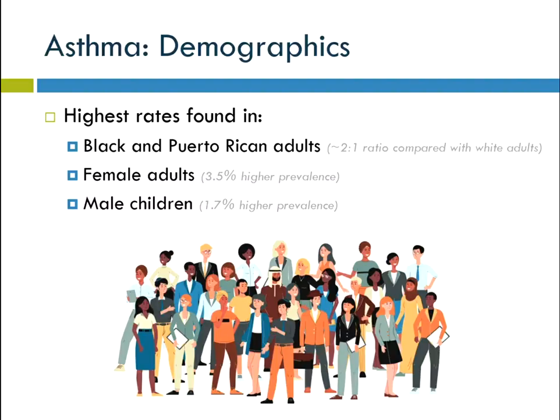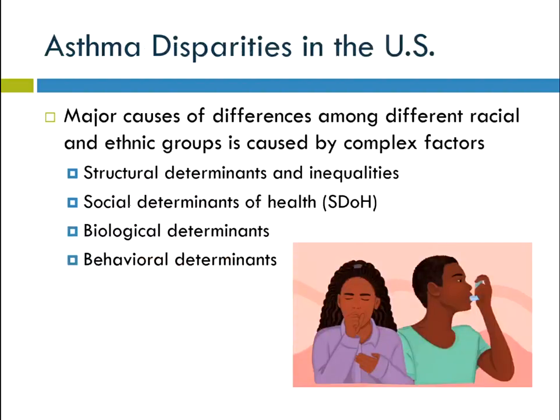Okay? Can you grow out of asthma? Is probably your question. Yes and no. Kind of. A lot of times it's just that you may have to learn how to manage it better so that it doesn't get itself involved. Okay? All right, so what are some disparities found in the US?